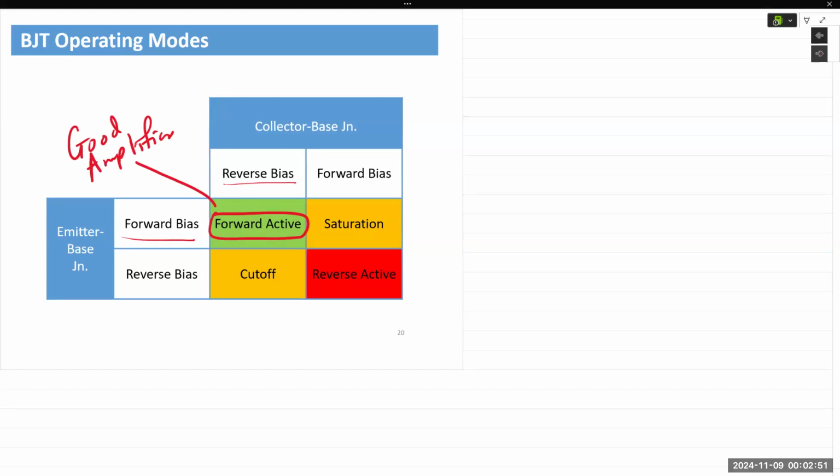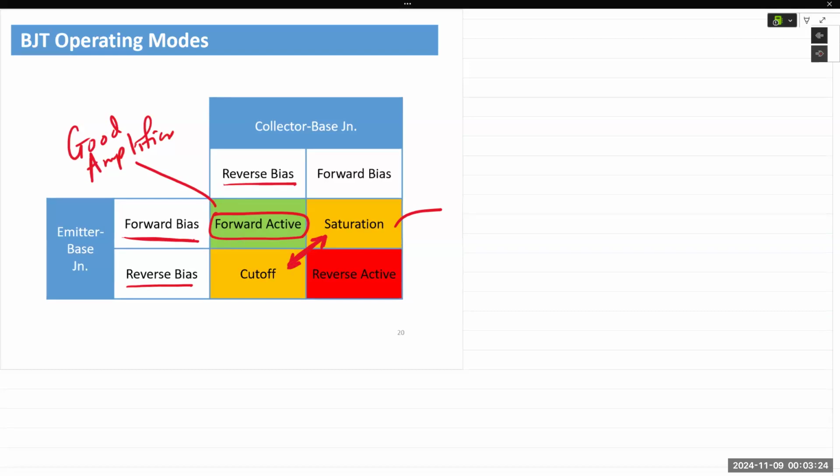And then if the junctions are both reverse bias, we say that the transistors are operating in cutoff. If both junctions are forward bias, we say transistor is operating in saturation. And these 2 modes used together in a circuit allow us to create digital logic circuits using a BJT transistor.